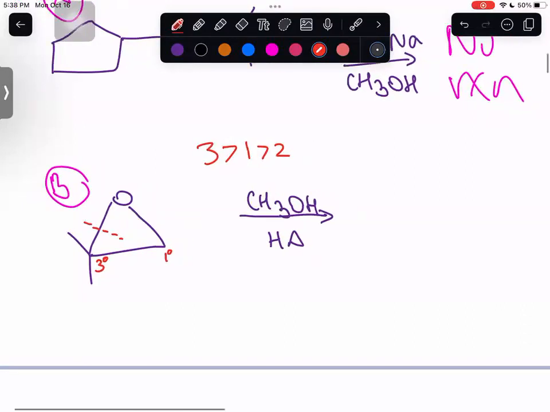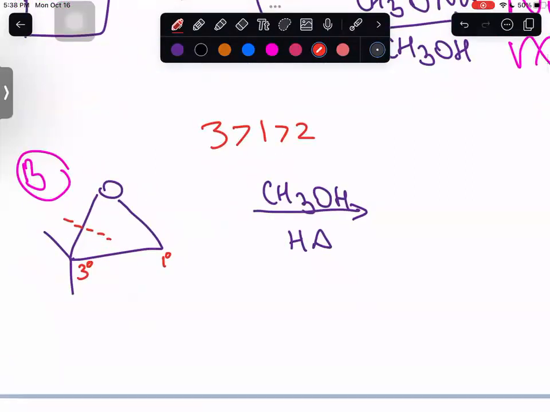And OH always on both sides? As long as you know where to cut it, yeah, you can skip the mechanism.